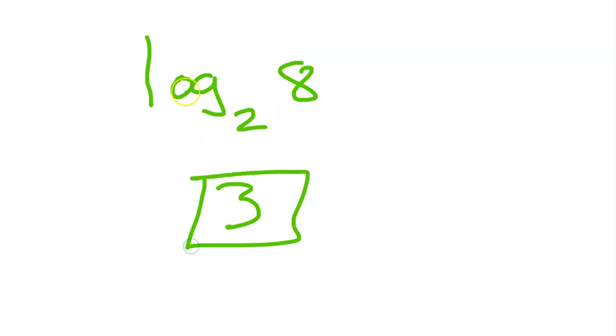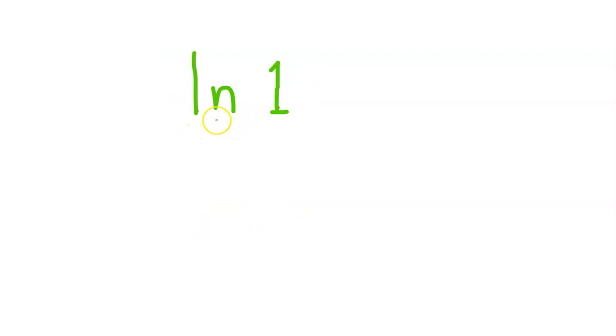Here's a quick side lesson just in case you needed it. Here's how logarithms work. If I have log base 2 of 8, this is asking the question, what power turns 2 into 8? And the answer is 3, because 2 to the third power is 8. So this would be the value of log base 2 of 8. We also know that natural log just means that it is log base e.